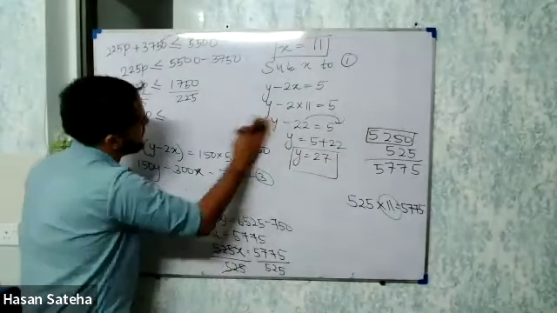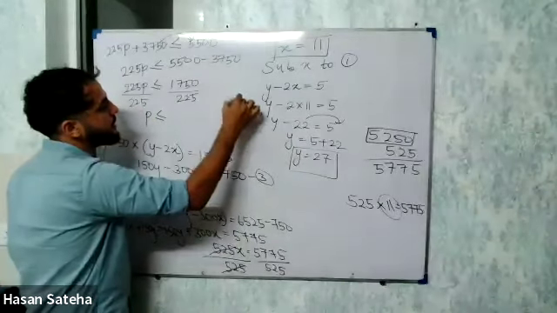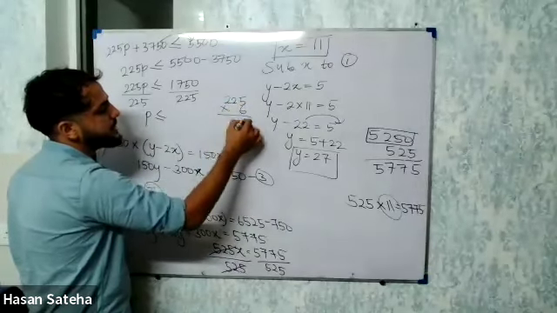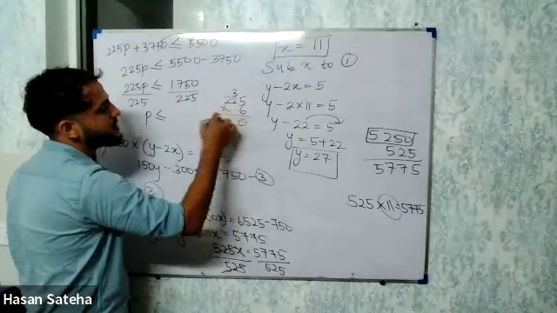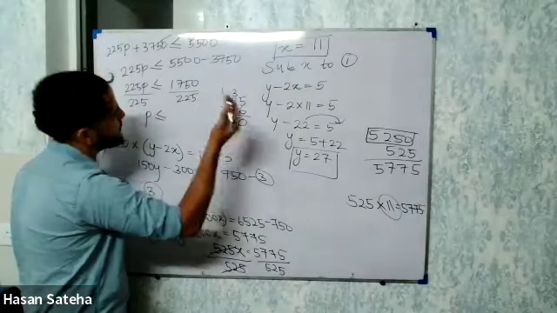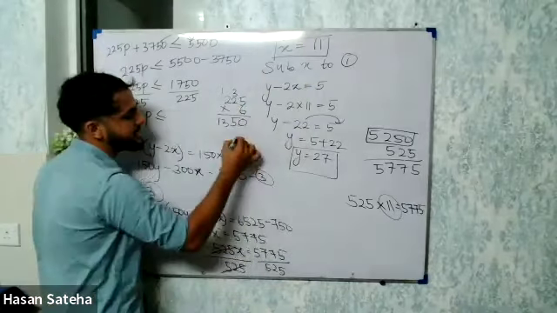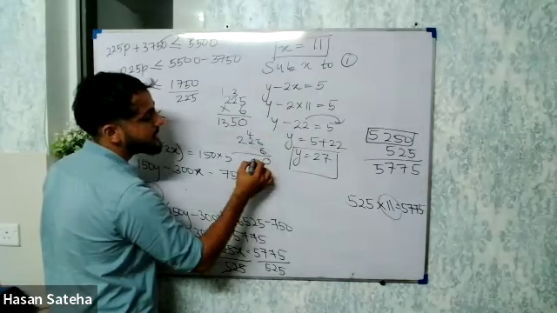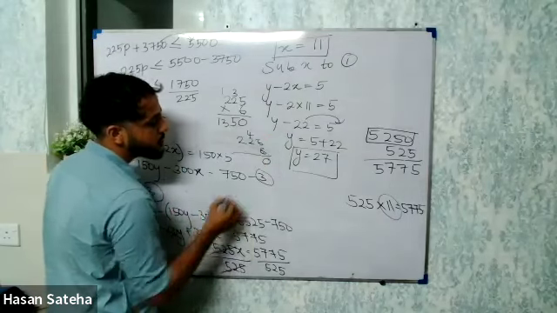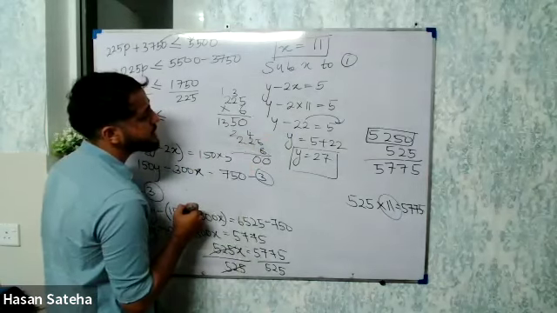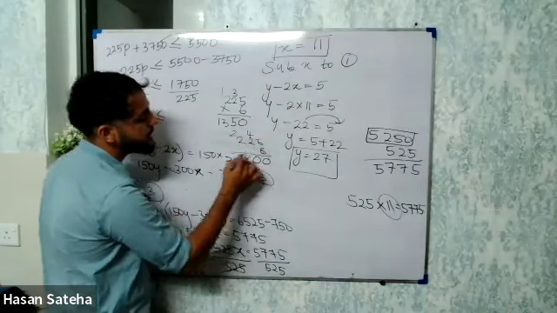So we'll take 6 and check. 225 times 6. 5 times 6 is 30. 2 times 6 is 12, plus 5 is 15...... 2 times 6 is 12, plus 1 is 13. So 6 is not enough. Then 7, no, we take 8. 225 times 8. 5 times 8 is 40. 2 times 8 is 16, plus 4 is 20. 2 times 8 is 16, plus 2 is 18, that is 1800.